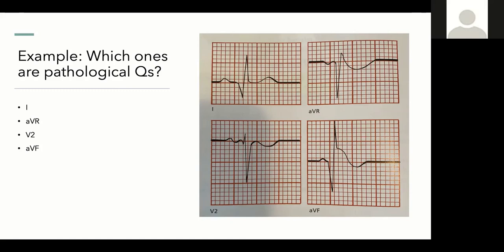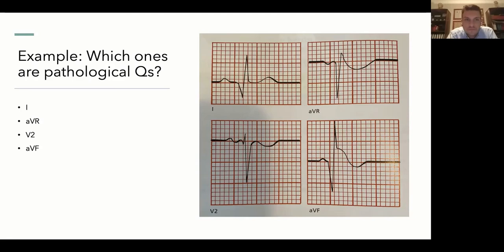Because normally in AVR we have the inversion of the waves, so yes, that's kind of normal. So I think we said the 10 rules of ECG on Monday. In the AVR, the Q wave can actually be negative. So AVF is the 1 lead, yes. Which one is the other lead? Is it 1 or V2?